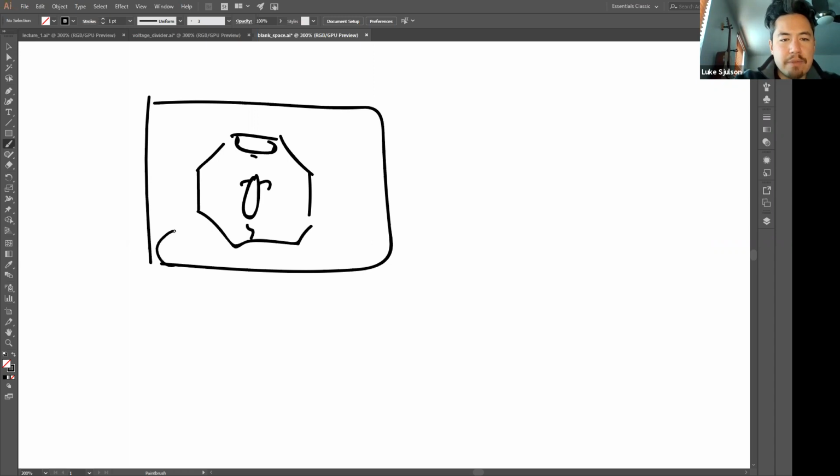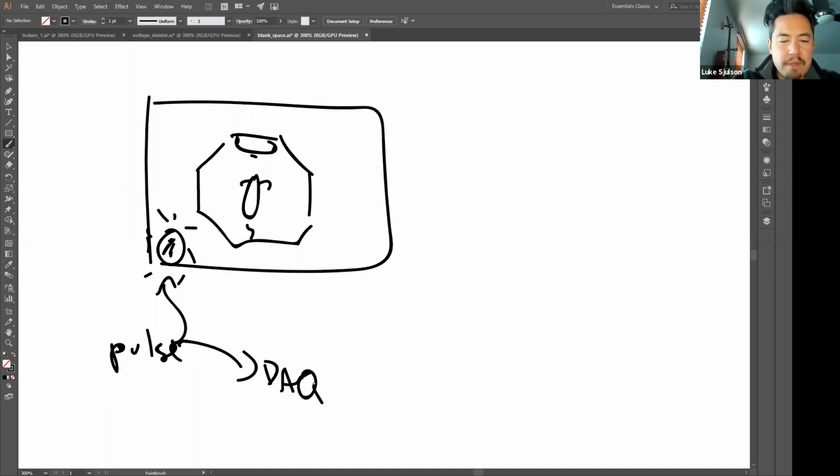The idea is you have a light over here that flashes, so the mouse can't see it, but your camera's shining down and can see that light. Then you have a pulse generator, and those pulses go to the LED, and they also go to your data acquisition system. That way you know when those pulses occur.